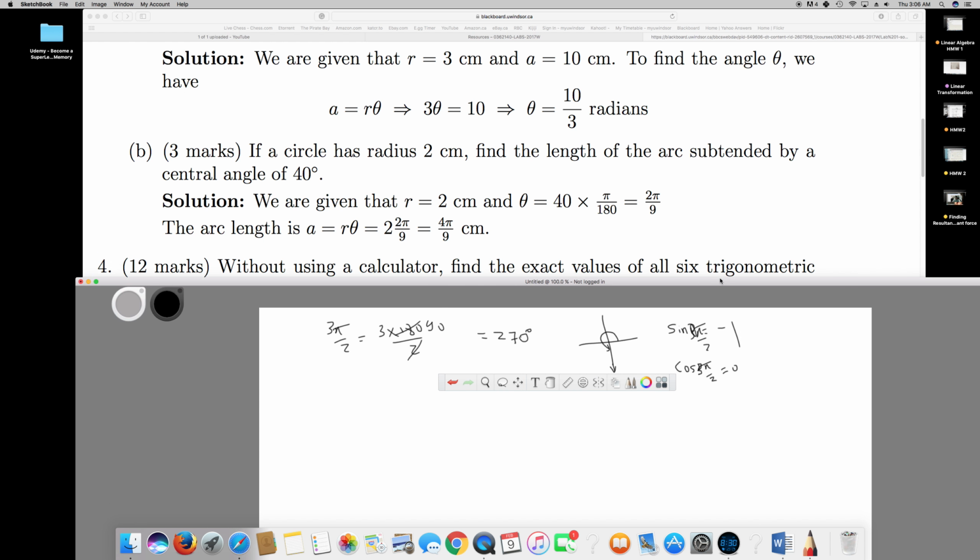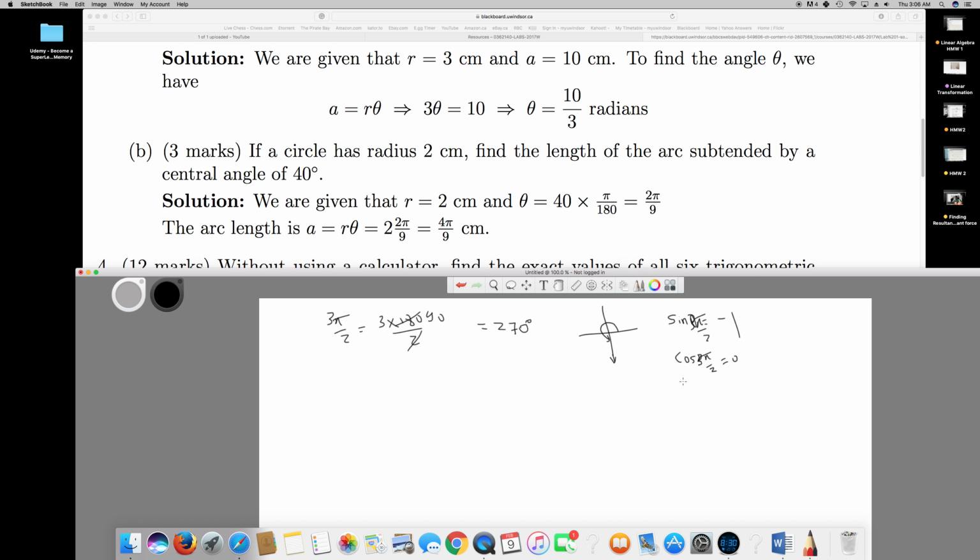and tan is going to be what, 1 over 0, which is undefined. So tan 3π/2 is going to be undefined, and sec 3π/2 is going to be the reciprocal of cos, so 0 over 1 is going to be 0.